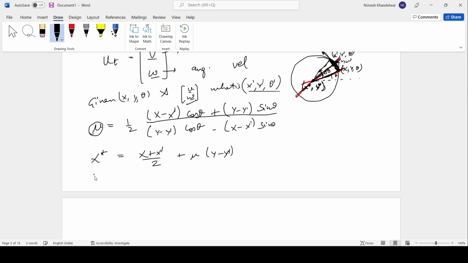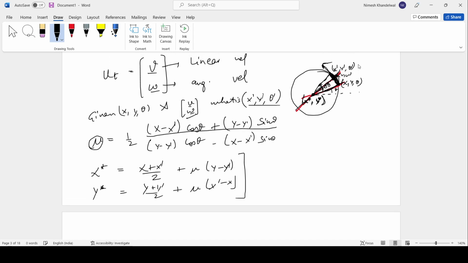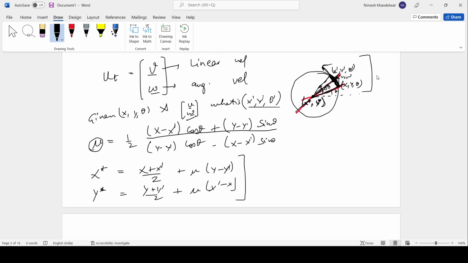Similarly, y star will come out to be y plus y prime over 2 plus mu times x prime minus x. Again, there is no structure.